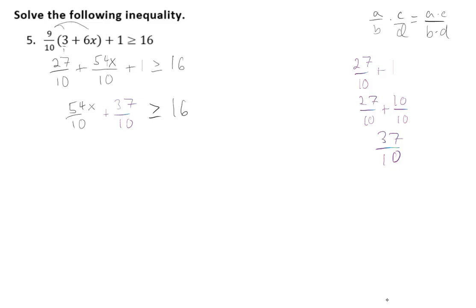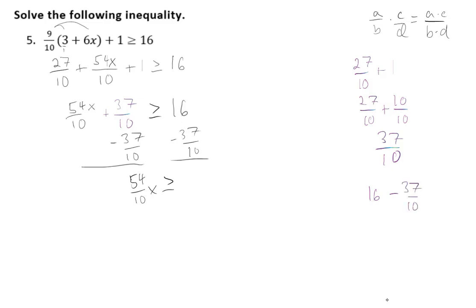All right, now we need to get the x by itself. So I need to subtract 37 over 10 from both sides. Okay, so left side is going to be 54 over 10x. Bring down your sign. And this right side, we have 16 minus 37 over 10.